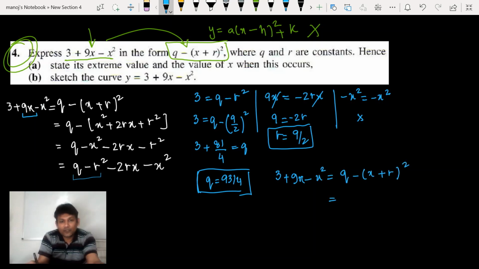The value of q is 93 upon 4, minus x, and r is negative 9 upon 2 whole square. So when I want to write in the complete square form, it should be written as minus x minus 9 upon 2 whole square plus 93 upon 4.